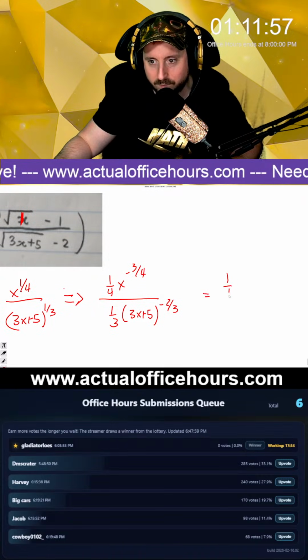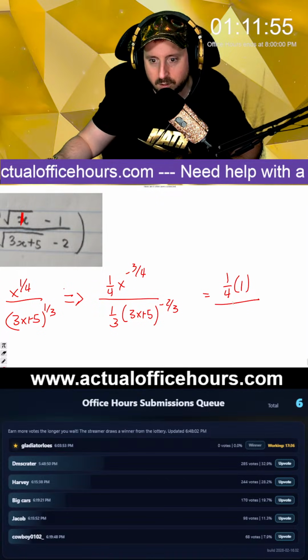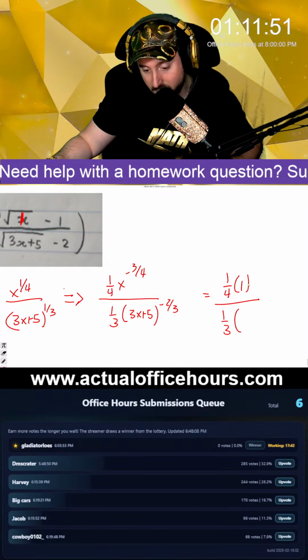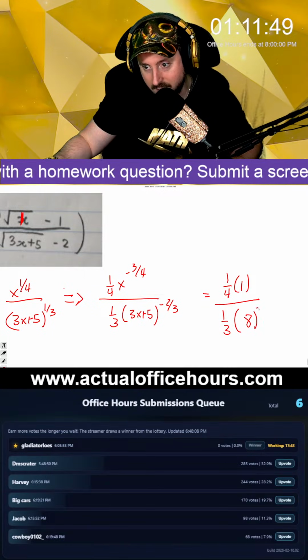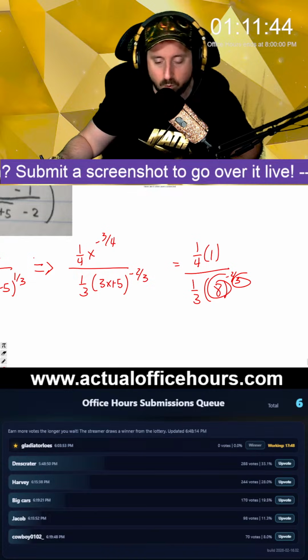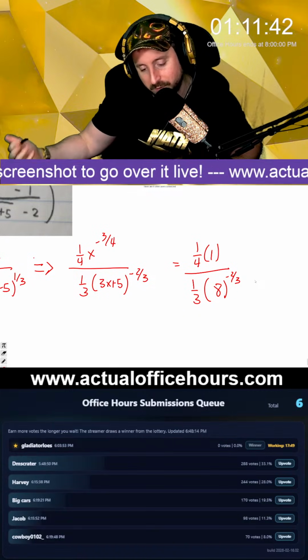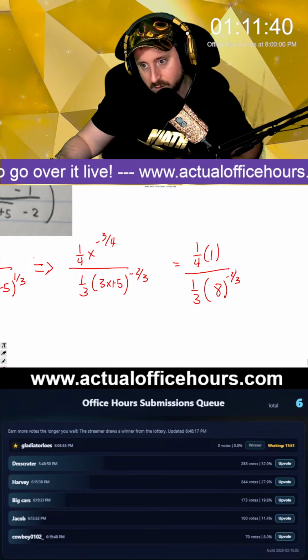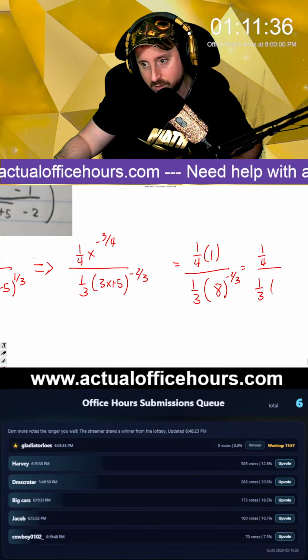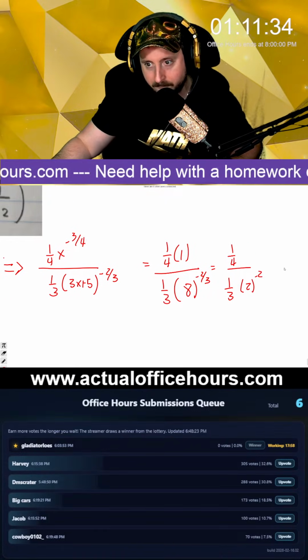So this is just 1/4 times 1 over 1/3 times 8 to the negative 2/3. But then the cube root of 8 is 2. So this is 1/4 over 1/3 times 2 to the negative 2.